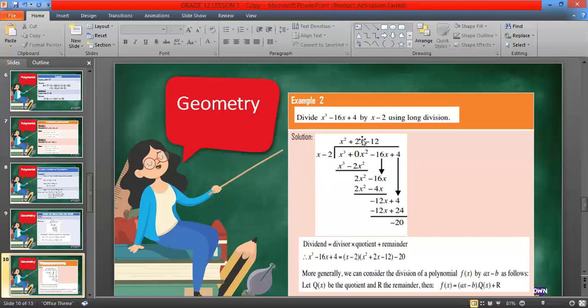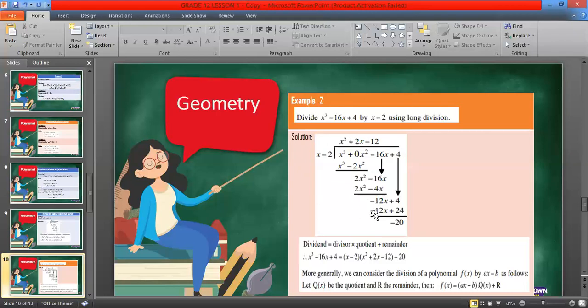Negative 12 multiplied by x gives negative 12x, and negative 12 multiplied by negative 2 gives positive 24. Then you subtract again: minus 12x minus 12x.